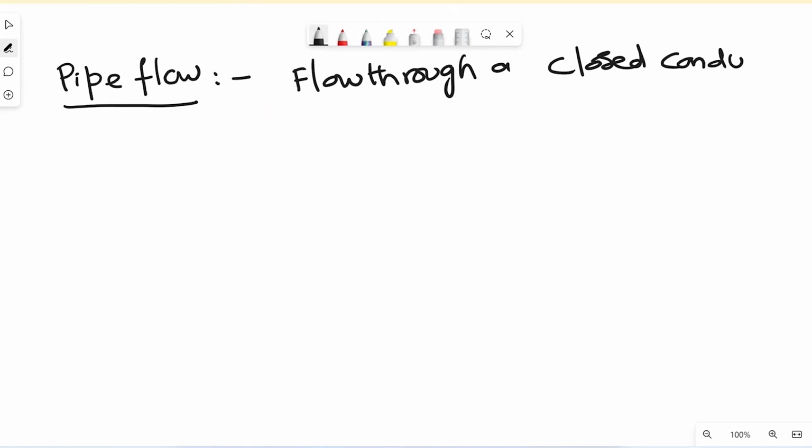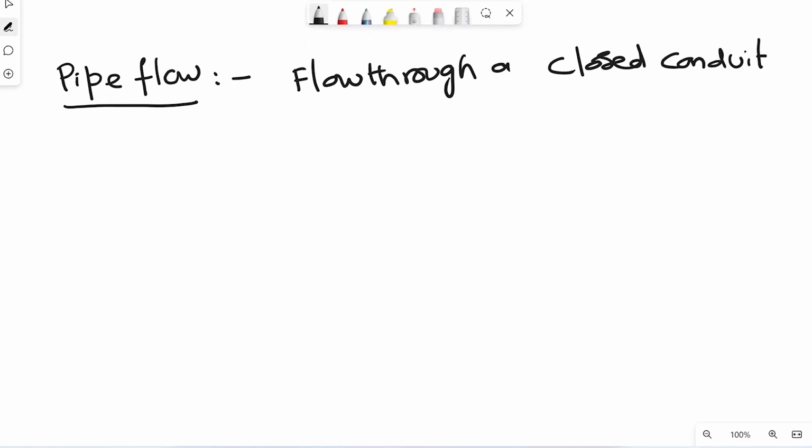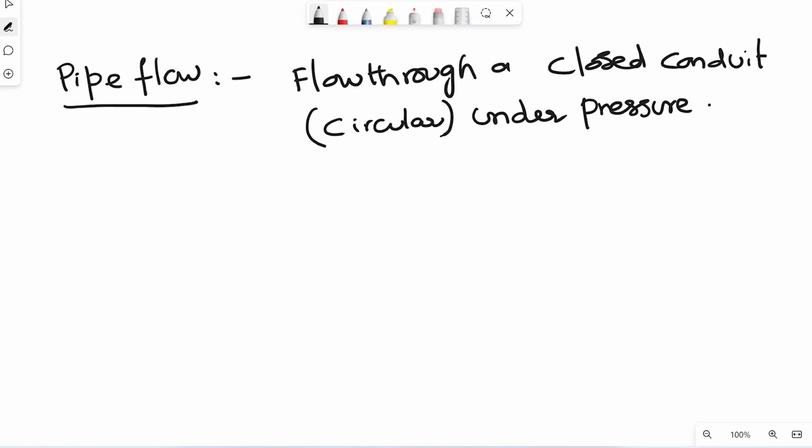You have seen pipes, flow through a closed conduit, which is generally circular, under pressure. Kindly remember, when the flow through a closed conduit is under pressure, then only it is called pipe flow.